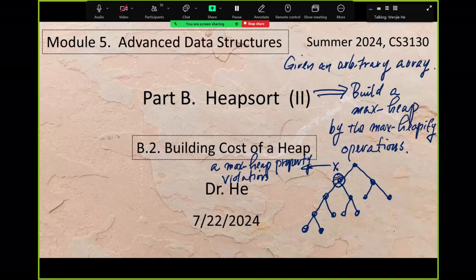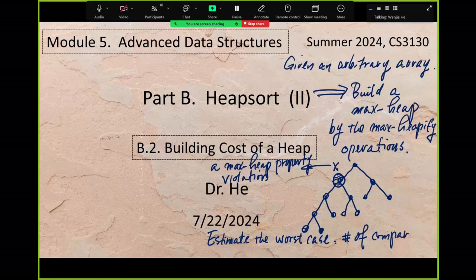To remove this violation, we need to run our max heapify operation and consider the worst case. Here we want to estimate the number of comparisons we need to do for the worst case.